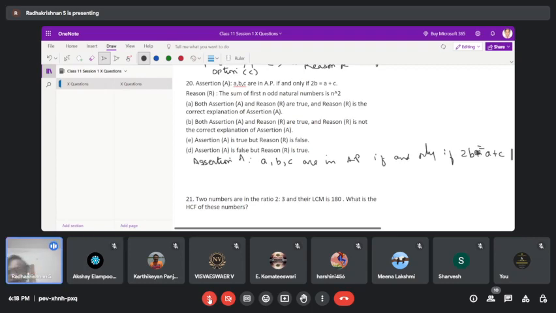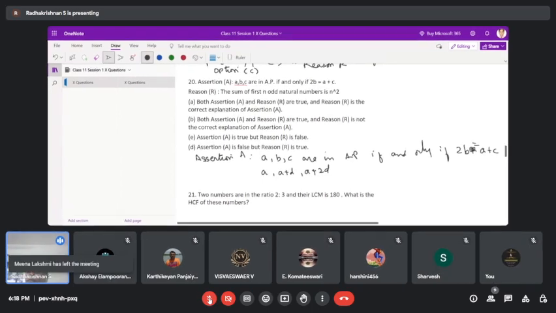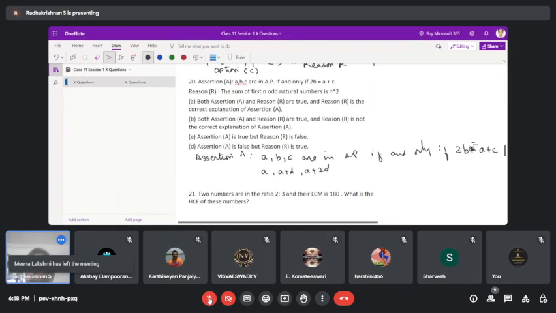If A, B, C are in AP, then they have to be A, A plus D, A plus 2D. Right? So any three numbers in AP have to be like this. Now find 2B and A plus C and see if they are equal. 2B is going to be 2A plus 2D, and if we add A to A plus 2D, it's going to be 2A plus 2D, sir.